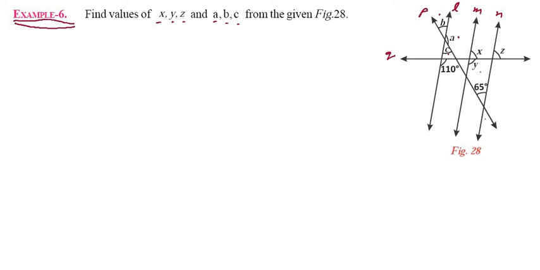So let us start. You can see here the angle C and this angle are alternate interior angles. So you can write here, L and N are parallel. So you can write L parallel to N and P is a transversal line.